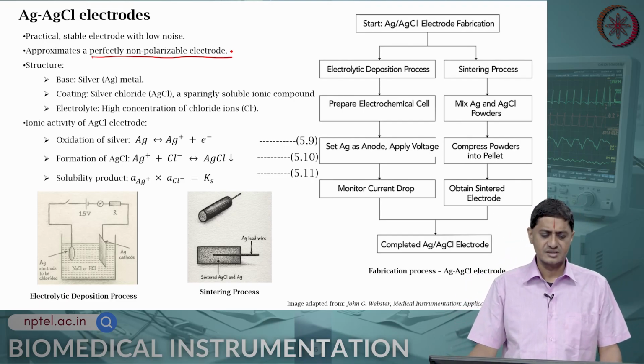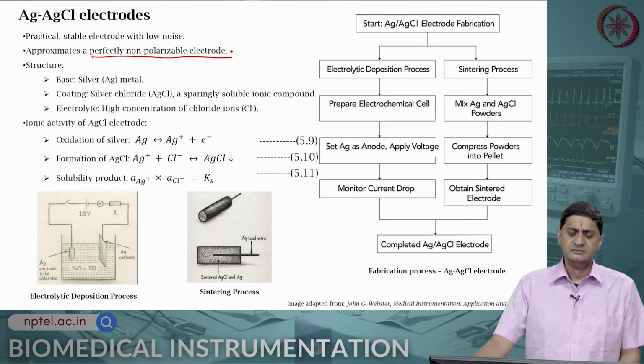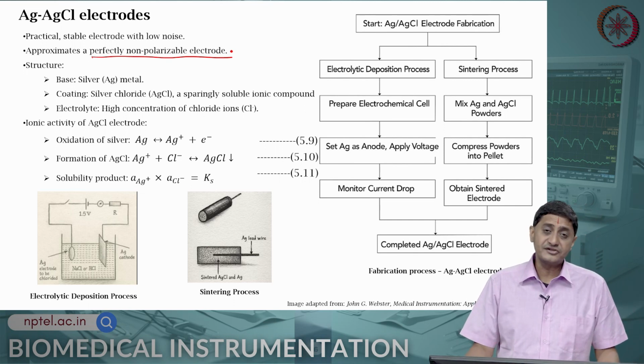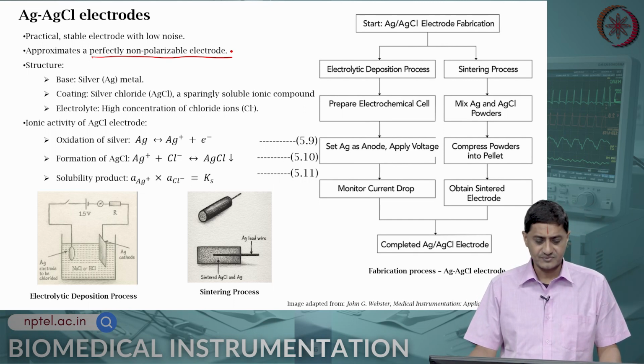The structure is a silver base on which silver chloride, a salt of silver, is coated, and this is placed in the body, in which the biological fluids have high concentrations of chloride ions. It is critical for this to work that we use this only in electrolytes that have a relatively large concentration of chloride ions.